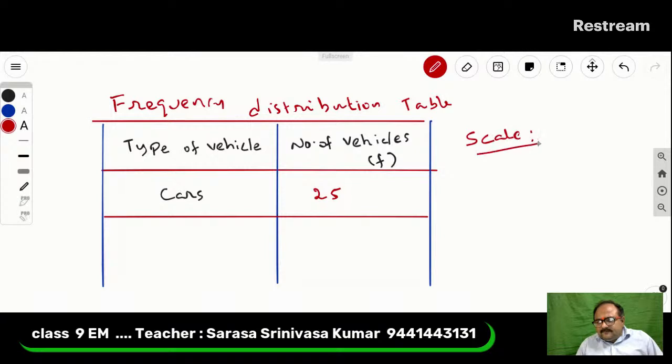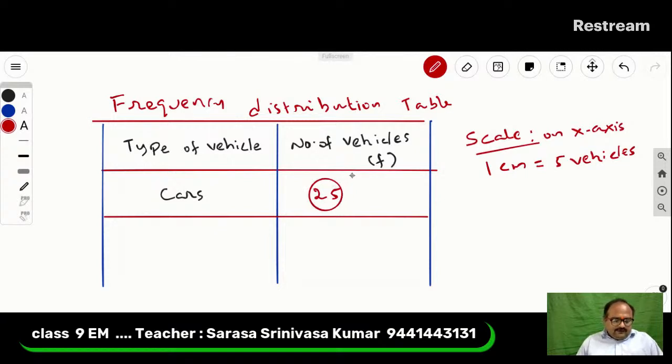Scale: 1 centimeter equal to 5 vehicles, on the x-axis. So here number of vehicles are expressed in units. 25 units means 25 multiplied by 5. That will be the total number.